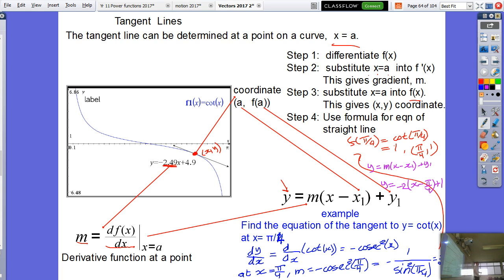You can expand and simplify and get your result. So you've got a negative 2x and a plus pi on 2 plus 1. That part there, pi on 2 plus 1, is your y-intercept as a mixed number. You've got a radian together with a whole integer, so you can just keep it together in brackets.